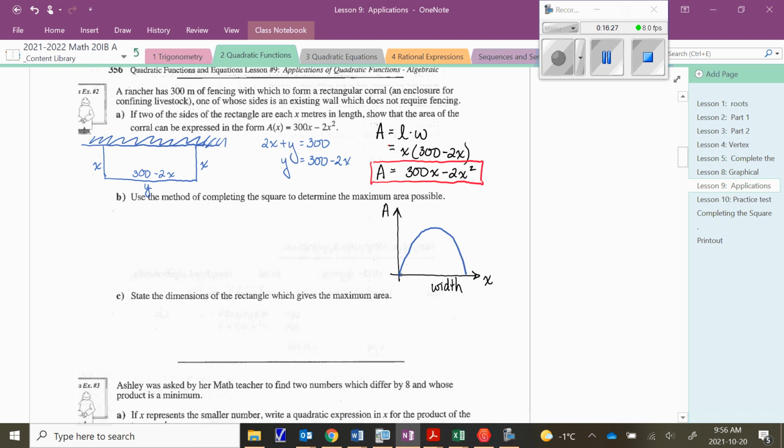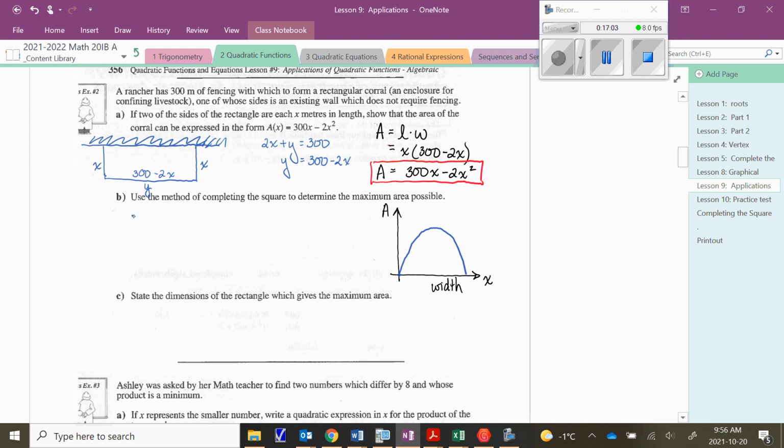And I know that in this particular situation, it goes through the origin. Why? Simply because when width is 0, the area, of course, is also going to be 0. As the width increases, our area will increase until the width starts increasing so much that the rectangle starts kind of rotating around, changing positions, and then area goes back to 0. Again, we cannot have negative width, we cannot have negative area, so only quadrant 1 is relevant.